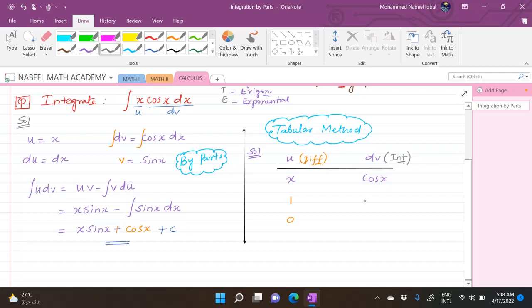If you integrate cosine, you will have sine x. If you integrate sine, you will get minus cosine x. So you have to stop at the 0. Afterwards, we will just cross multiply.